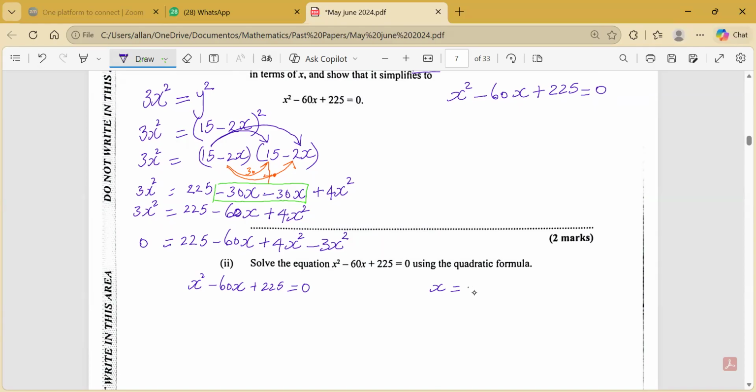It's not B. It's minus B plus or minus the square root of B squared take away 4AC, 4 times A times C, all over 2A.